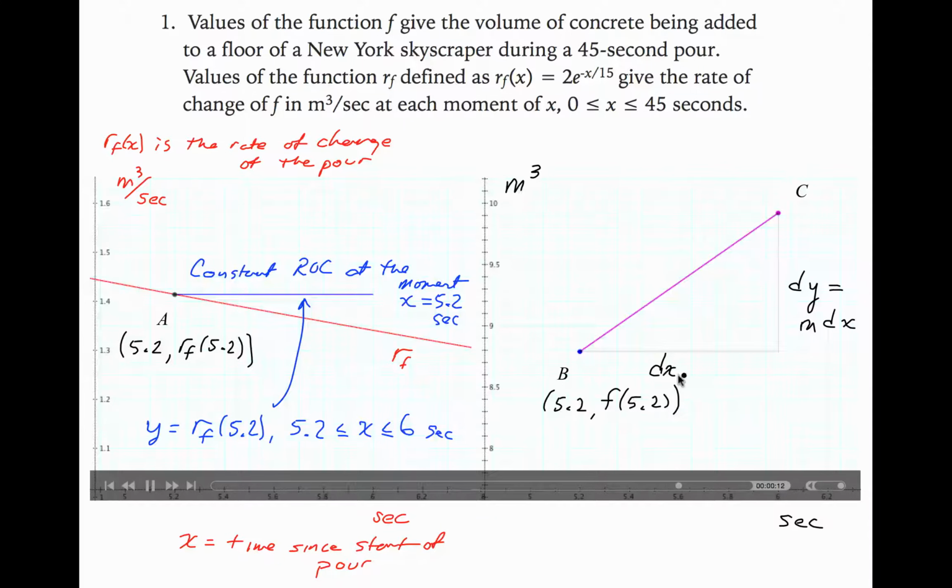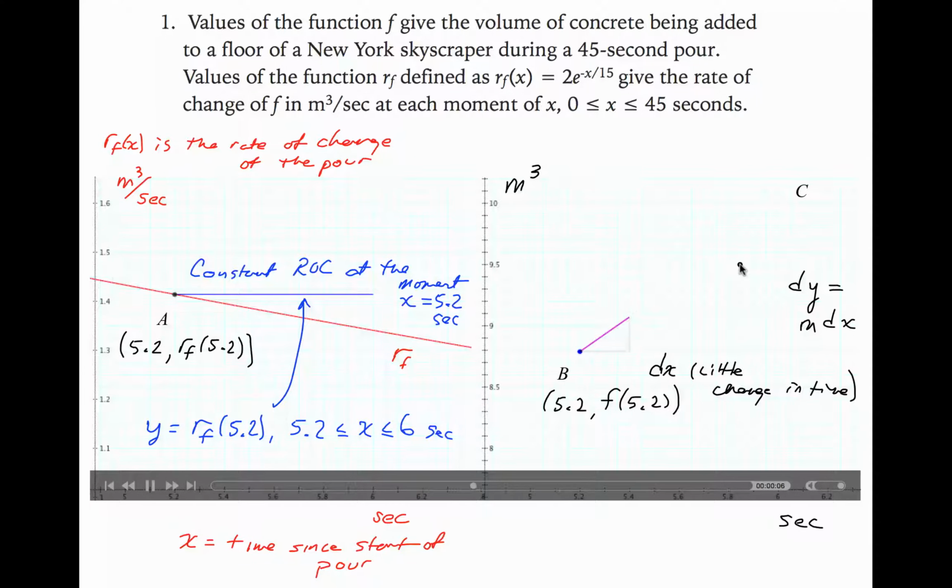So this dx is a little change in time. And again, that's a variable quantity. And then our dy would be our little change in total amount poured, corresponding to whatever dx is.